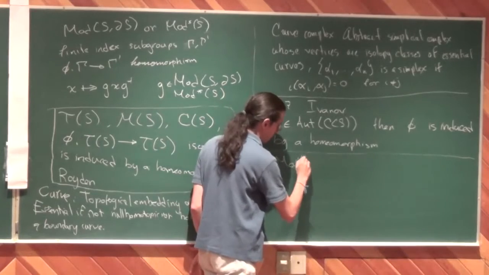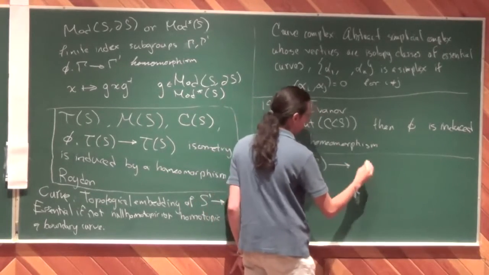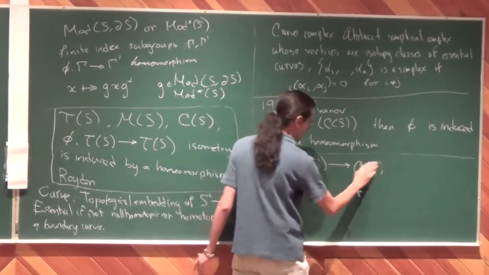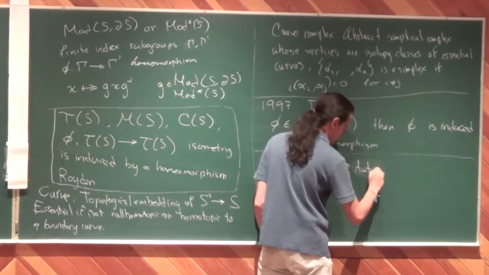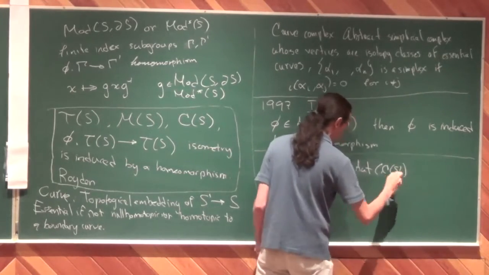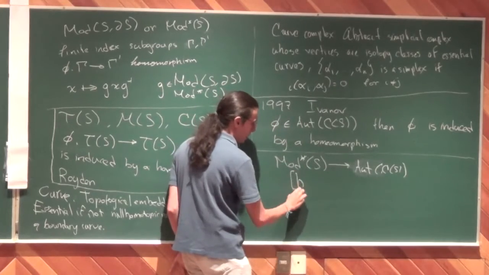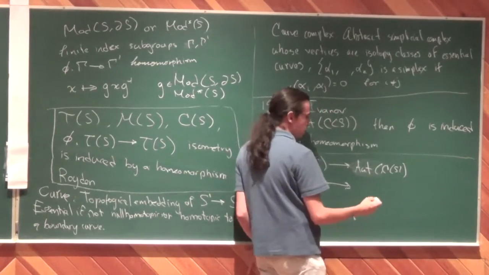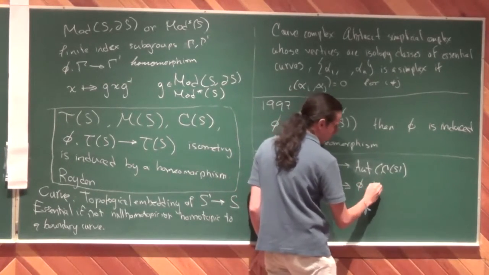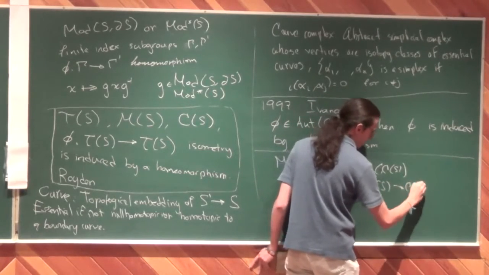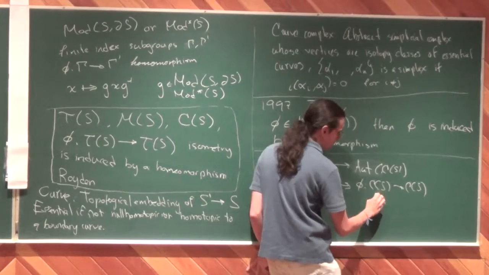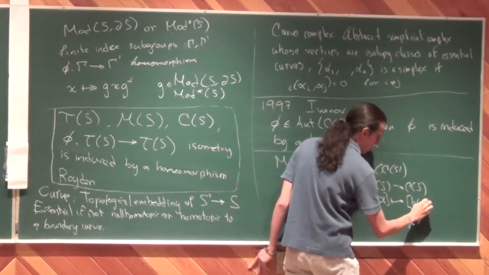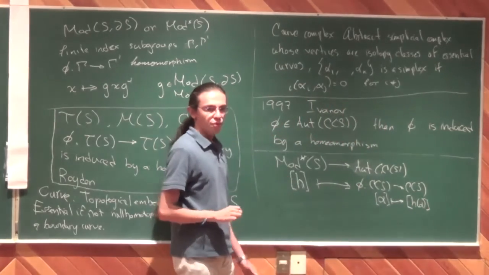This action is given by, well, you have an isotopy class of a homeomorphism, and you send it to the automorphism such that every isotopy class of curve is sent to its image under the homeomorphism.